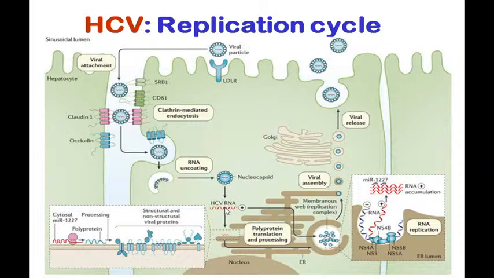The viral genomic RNA is infectious by itself, so it will be sent to the ribosomes for translation. As a result of translation, the long polyprotein will be produced, and the polyprotein is proteolytically cleaved.